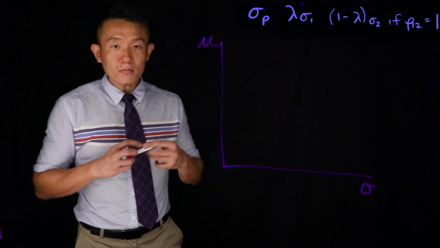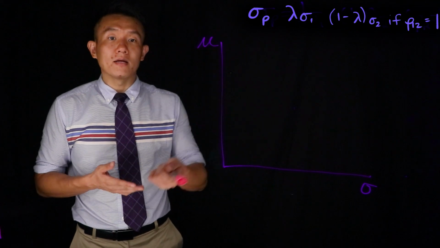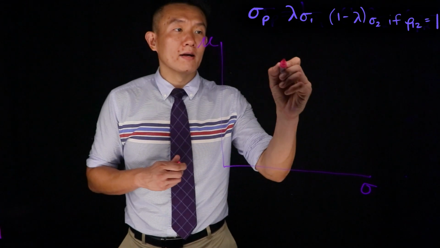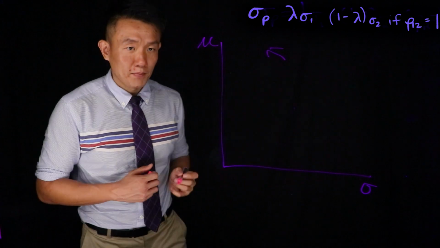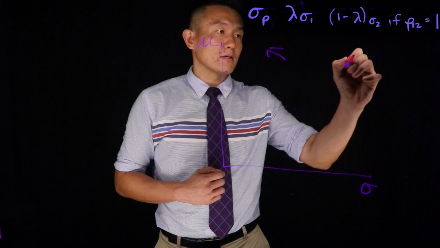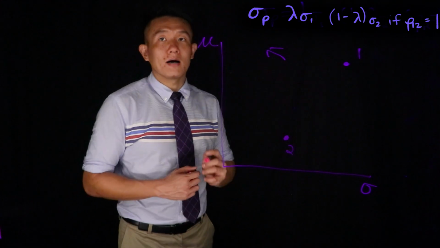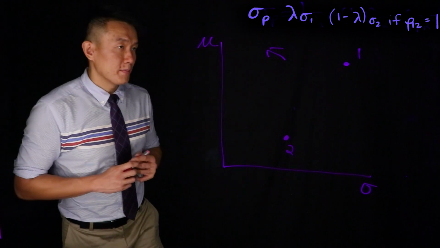Generally speaking, people are risk averse and they want high returns, so we want to be moving this way more or less. Let's say we have one stock here, here's stock 1, and then we have another stock here. Stock 1 has a higher mean and higher standard deviation.